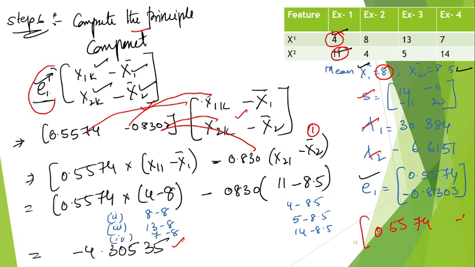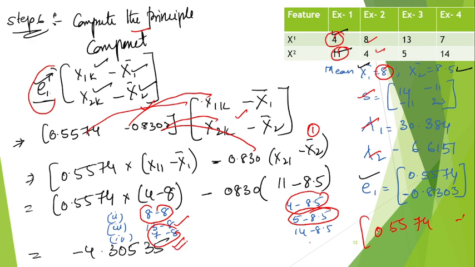Now the second values become 8 minus 8 and 8 minus 8. This becomes 4 minus 8. Third values 13 minus 8 and this becomes 5 minus 8. And fourth value 7 minus 8, this becomes.